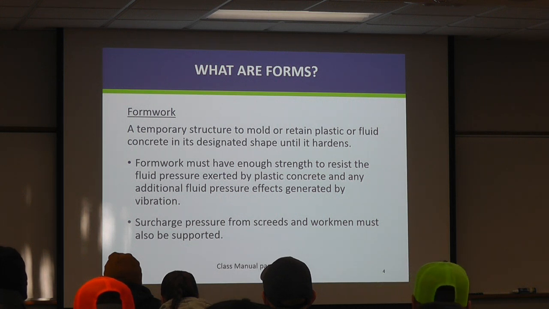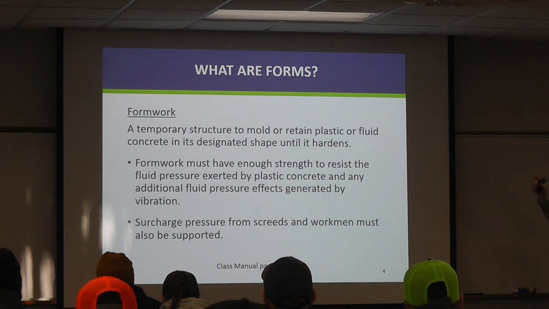It's a temporary structure to mold or retain the plastic concrete shape. All that's meaning is if we have a pier cap and it's supposed to be 4 feet wide and 6 feet deep and 100 feet long in our bridge's case, we want to have forms that will retain that.